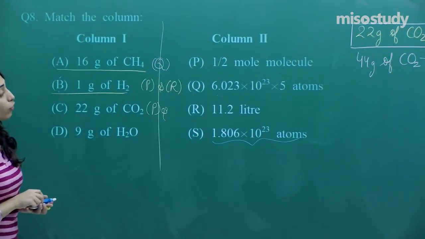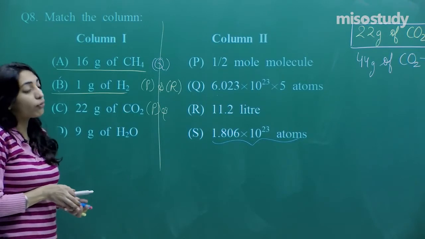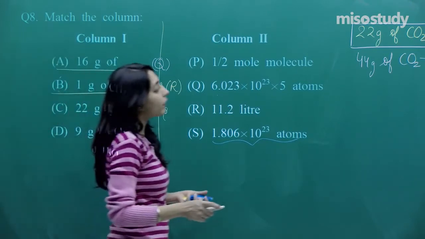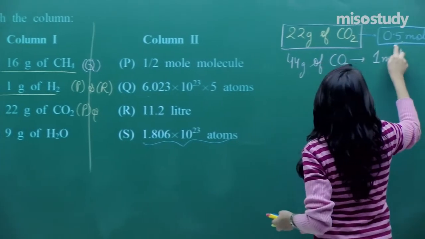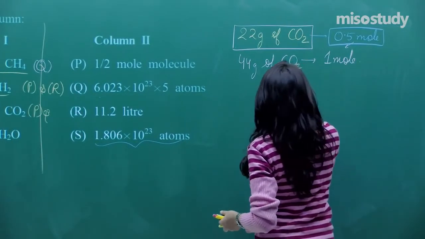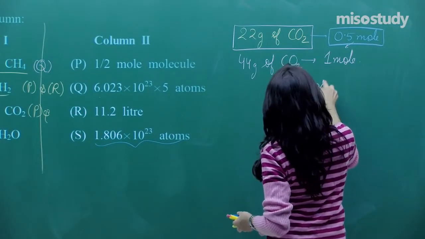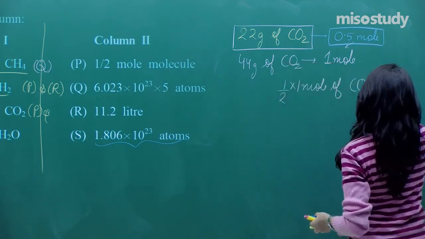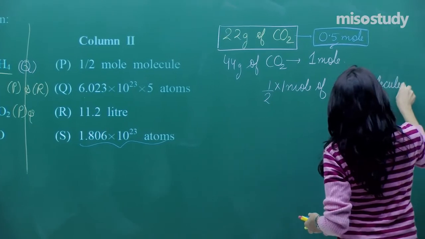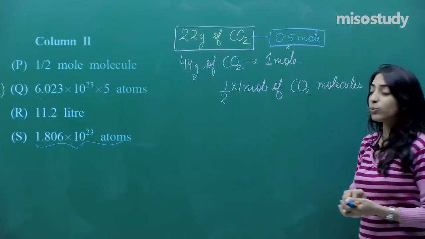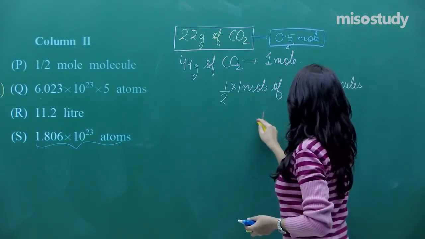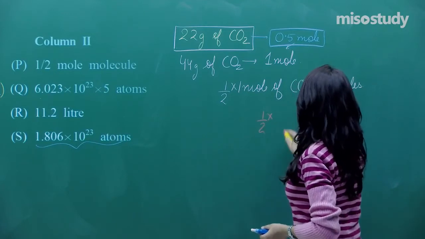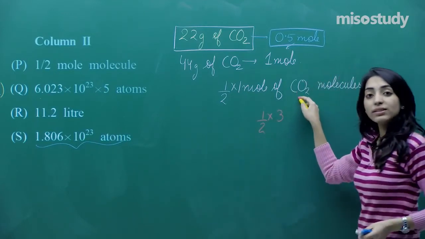Then 6.022 into 10 raised to the power 23 into 5, right? Guys, let us see. So we have half mole. So we will have half into 1 mole of CO2 molecules. How many atoms will be there? So don't you think you will be writing half into 3 atoms. One molecule is having 3 atoms.